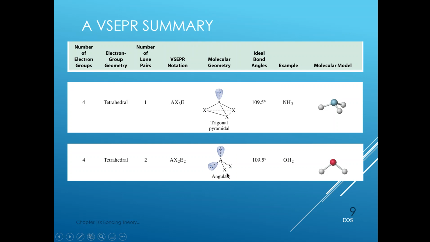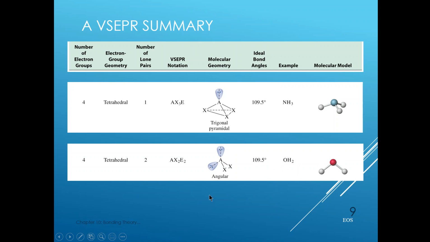So the shape will be defined by what is left, which would be the bent or angular shape, and because again of the tetrahedral arrangement of the electron groups, the bond angle here will be 109.5. A good example of this would be the water molecule, and this would be the actual molecular model representation of the water molecule.